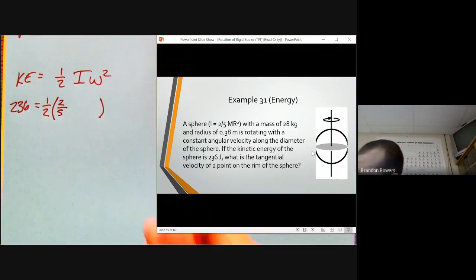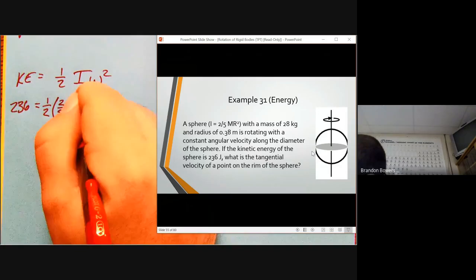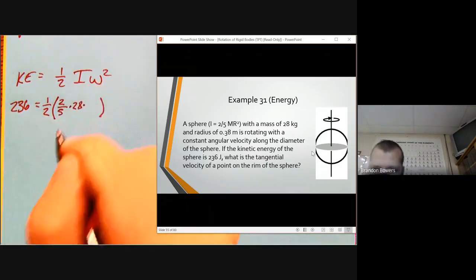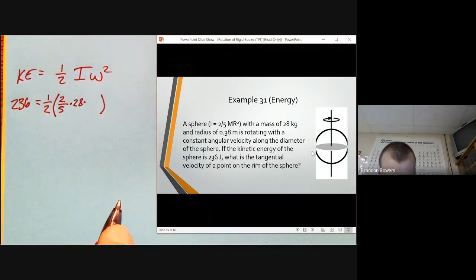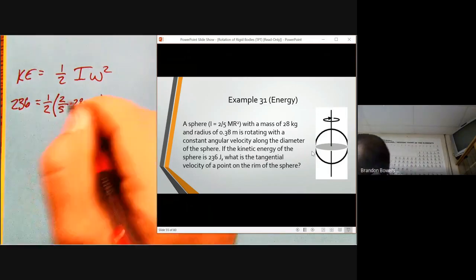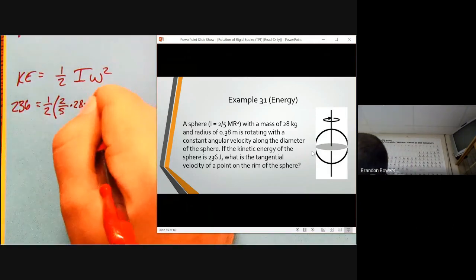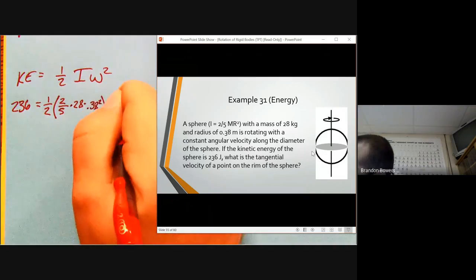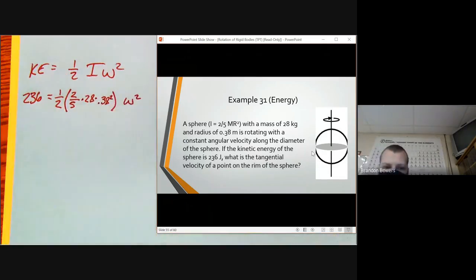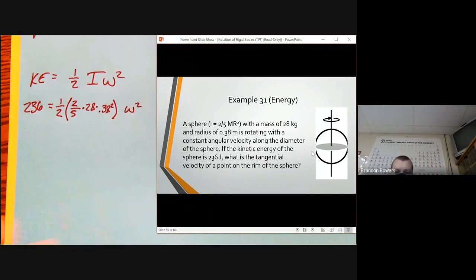Mass is 28 times r squared, which is 0.38 squared, times omega squared. I wrote really small, I'm sorry about that.